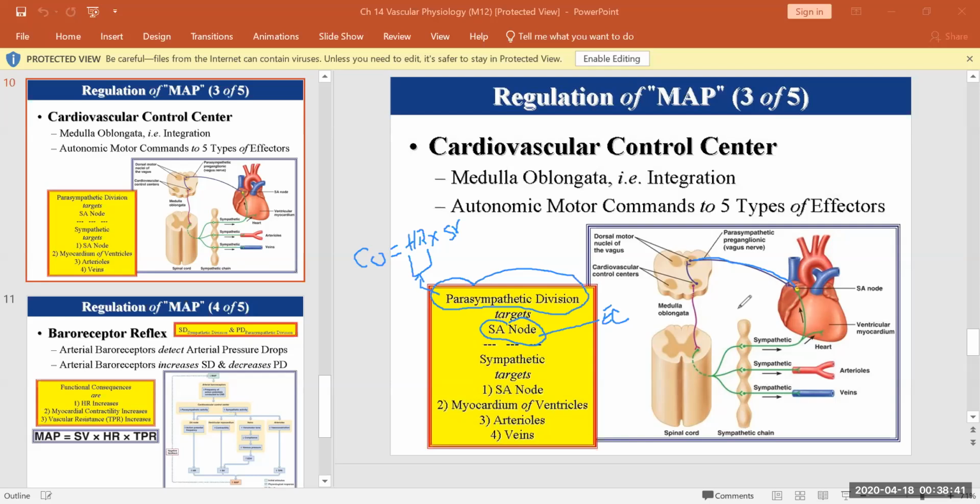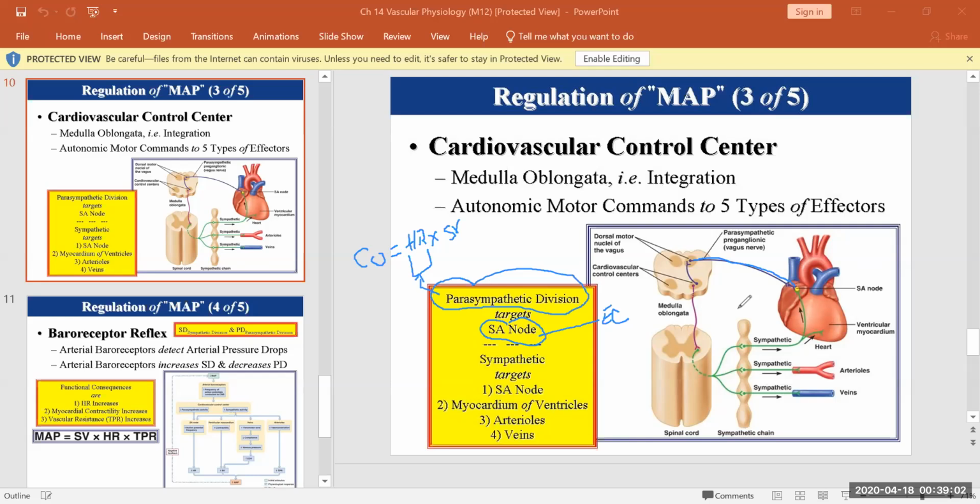No. Because the parasympathetic division does not make contact, does not have a neuromuscular junction with the myocardium, with the cardiomyocyte, the actual cardiac muscle cell that contracts.